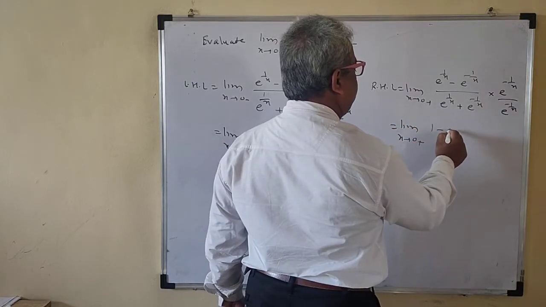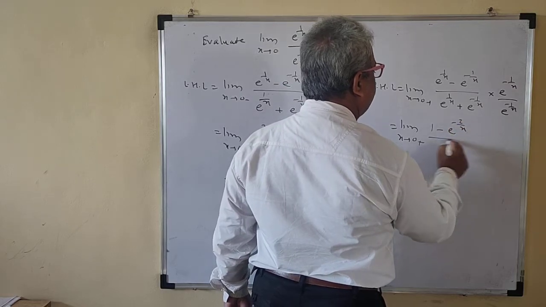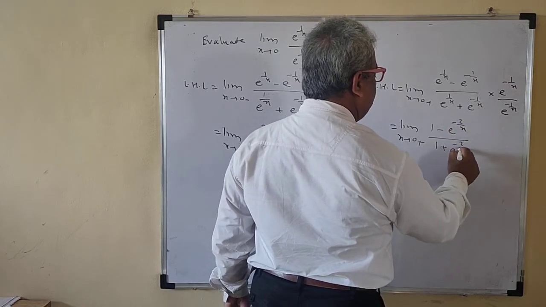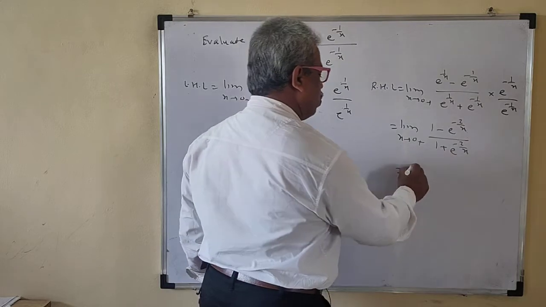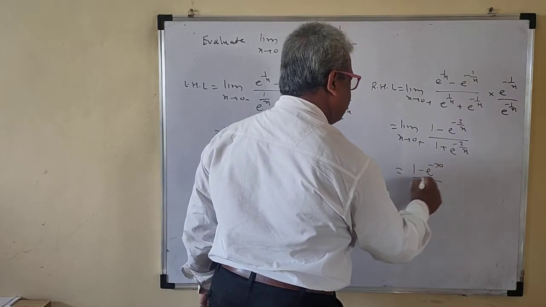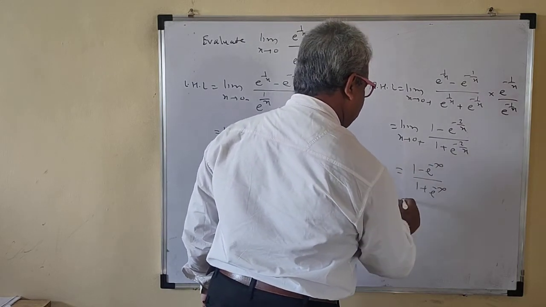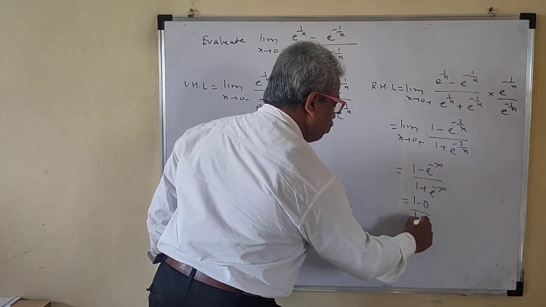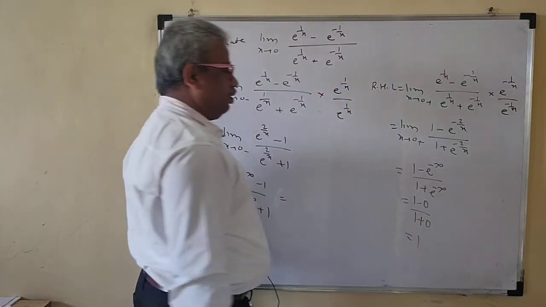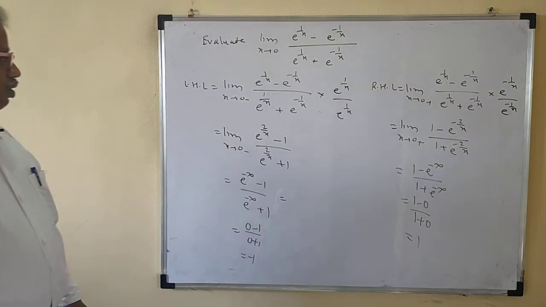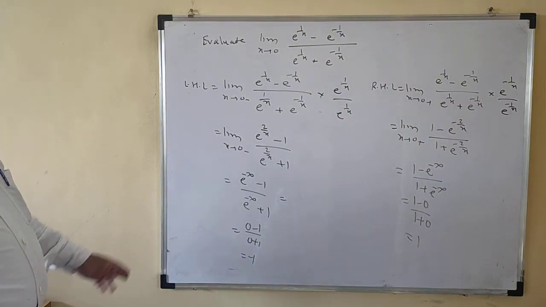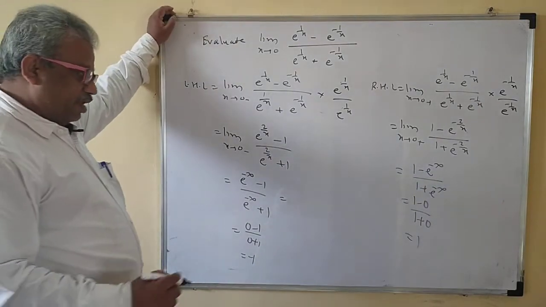So this is limit x tends to 0 plus of 1 minus e raised to minus 2 by x, over 1 plus e raised to minus 2 by x. So this is 1 minus e raised to minus infinity over 1 plus e raised to minus infinity. 1 minus 0 upon 1 plus 0 is 1. So your left hand limit is minus 1, right hand limit is 1.